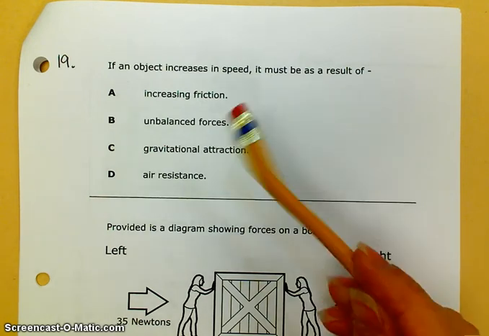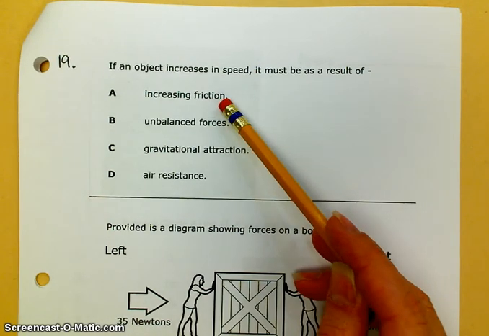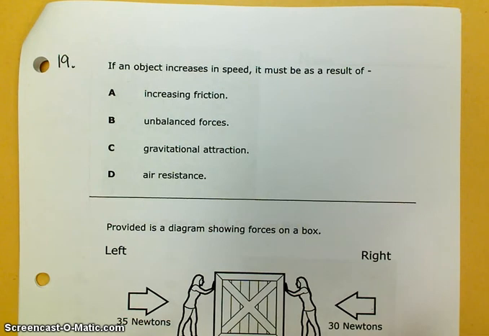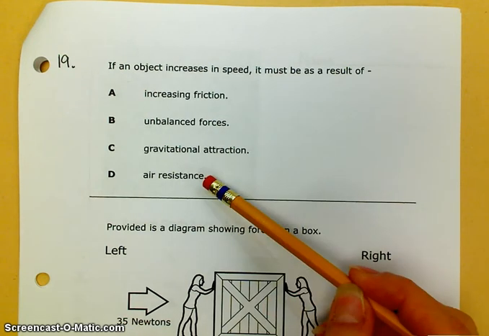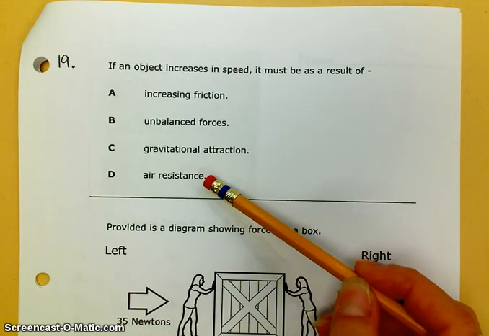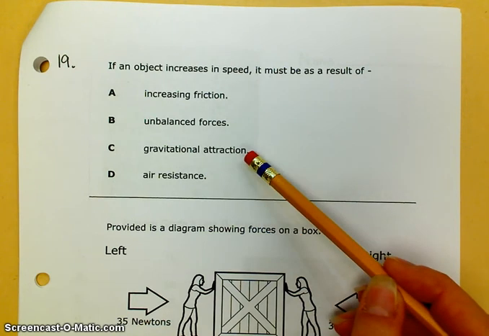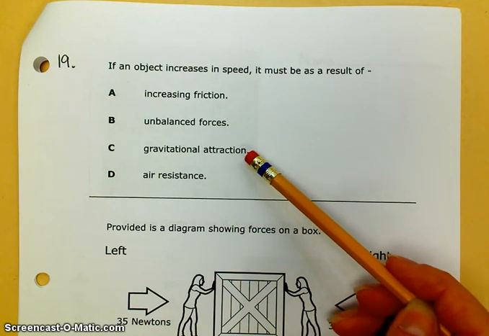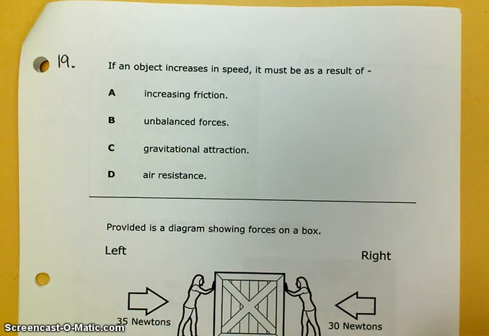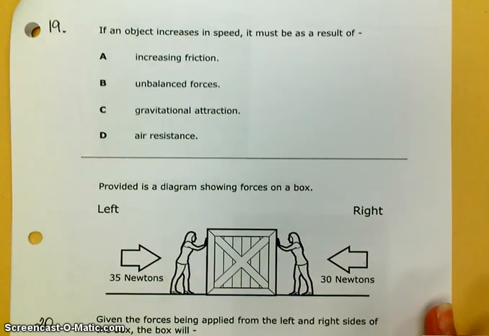It's not going to be increasing friction. Friction never causes things to speed up. Okay? Air resistance is a form of friction. Again, it's not going to cause things to speed up. Gravitational attraction can cause things to speed up or slow down depending on the situation. So really the only thing that really is a good answer choice is B, unbalanced forces.